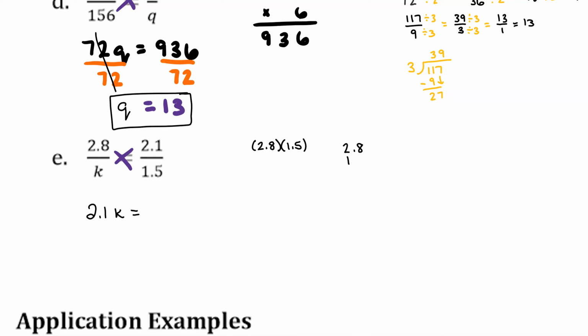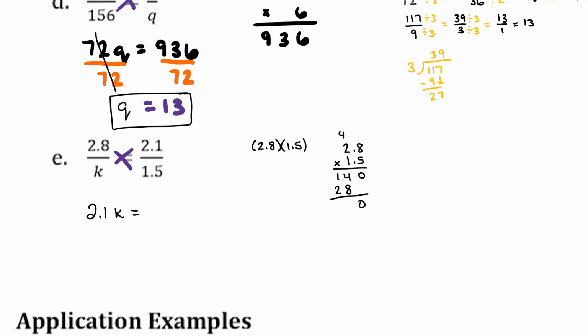2.8 times 1.5. So as a review, decimal multiplication, you just write the numbers and do the multiplication and then count how many decimal places you had in the problem total, and that's how many decimal places you'll have in your answer. So 5 times 8 is 40, carry the 4. 5 times 2 is 10, plus 4 is 14. 1 times 8 is 8. 1 times 2 is 2.